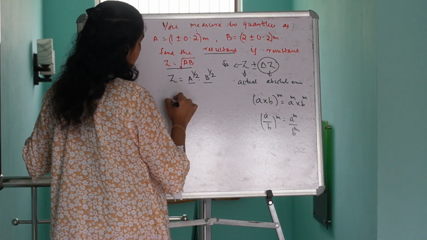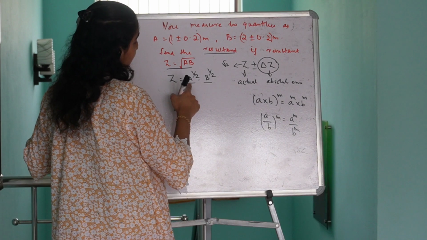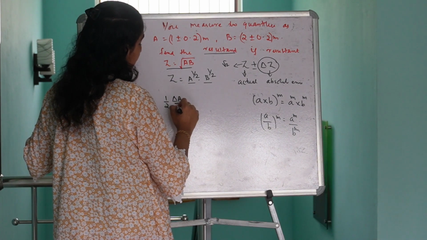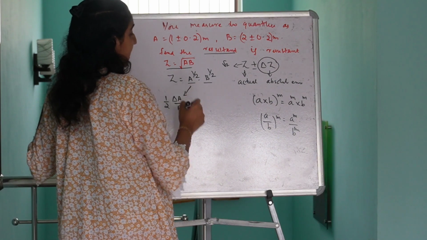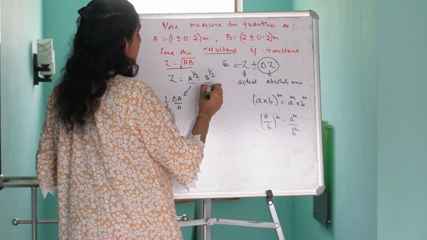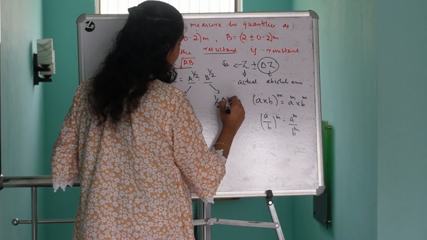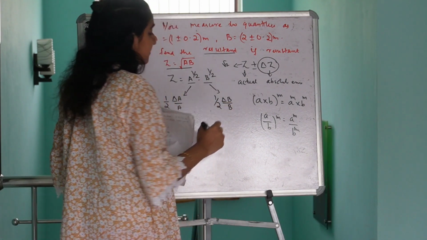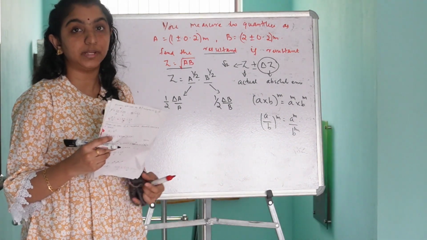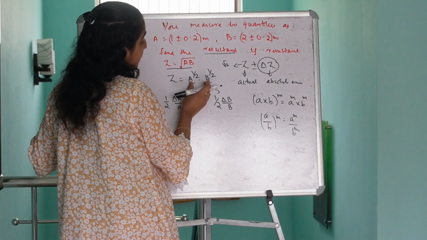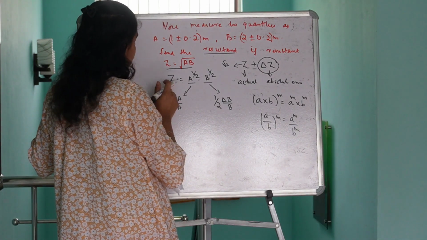So what is the relative error of the physical quantity A? Half into del A by A. Again, what is the relative error of the physical quantity B? That is equal to half into del B by B. Here we are multiplying these two physical quantities to get the resultant.